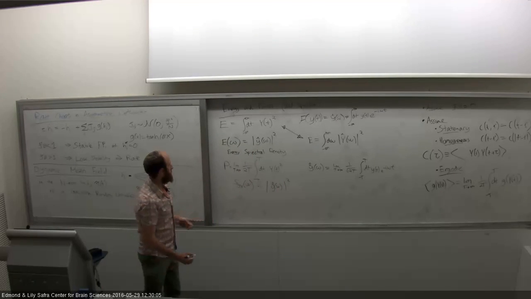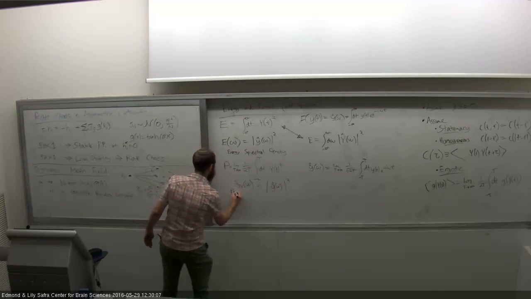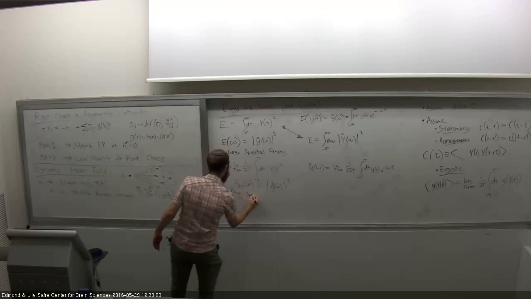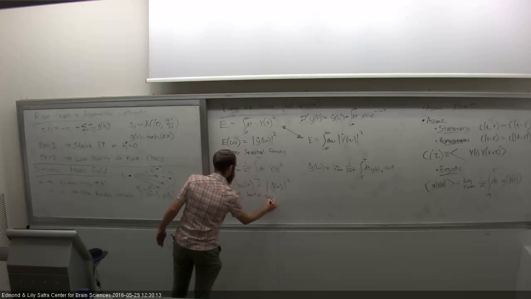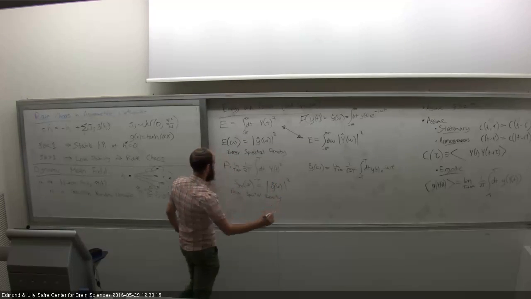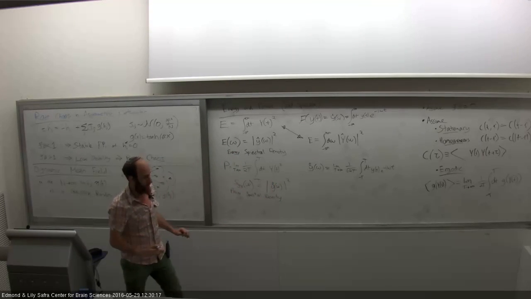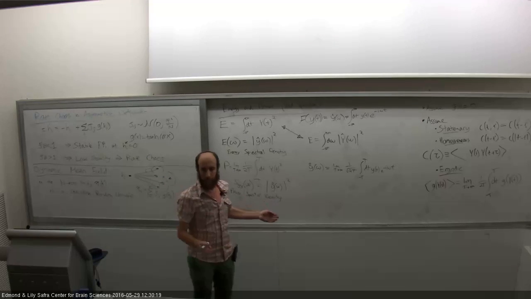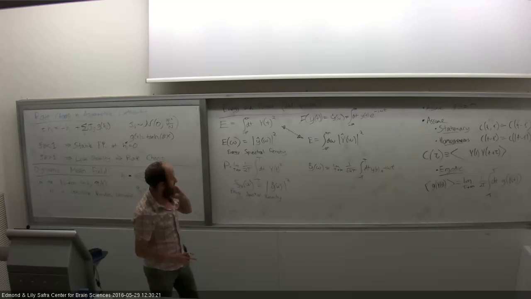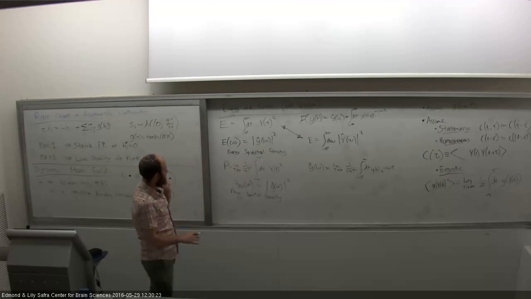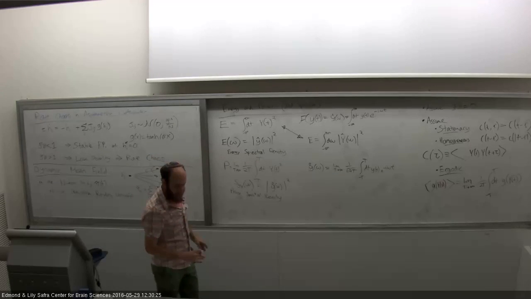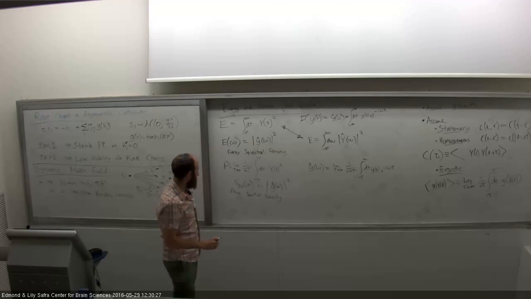So this is the power spectral density. Okay, and that's super commonly used in signal processing and also in the study of random processes. We'll see in one moment why that is.